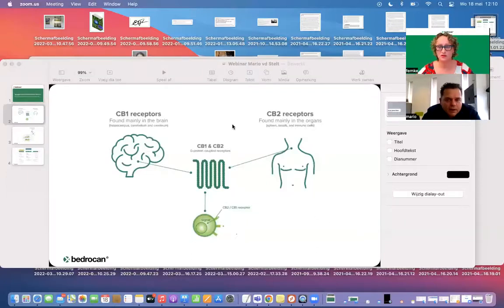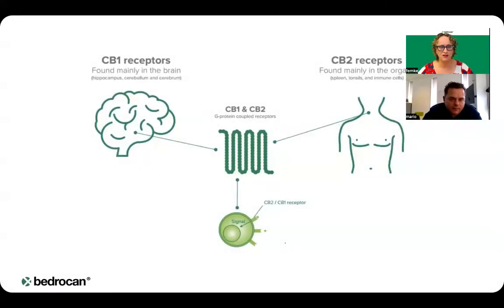Yeah, we have an image of how this endocannabinoid system works. I wanted to show it to you. This is an image of the two receptors that exist in the human body, the CB1 receptor and the CB2 receptor.